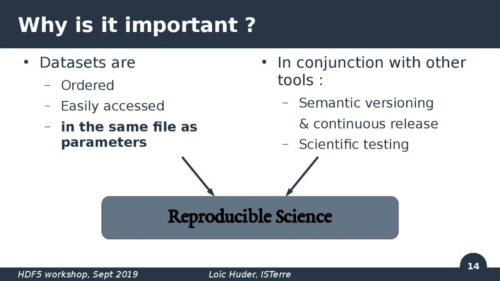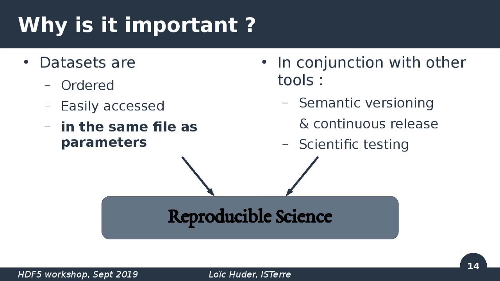We saw in other presentations that people were really involved in putting all the experimental data, the energy of their beam and so on, together with the dataset, to know exactly what the parameters of the experiment were. This is exactly the same here.